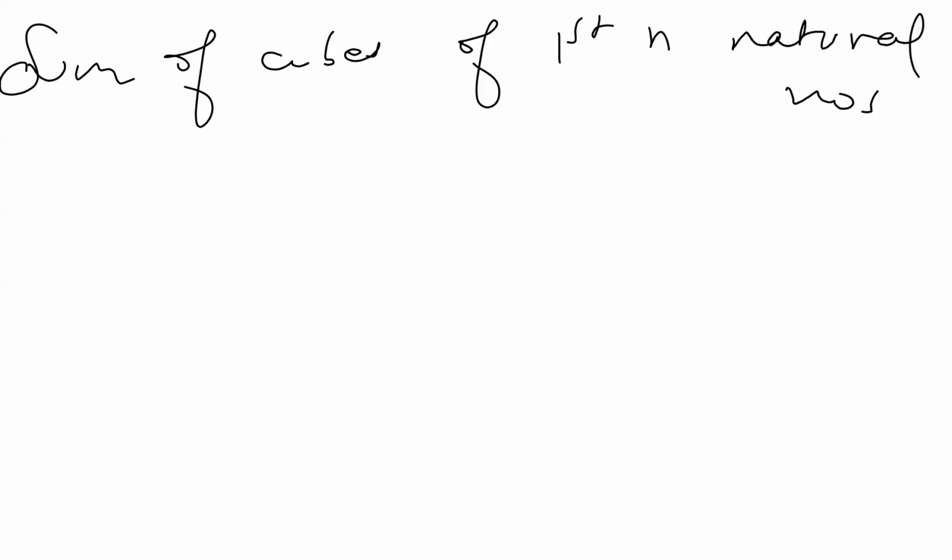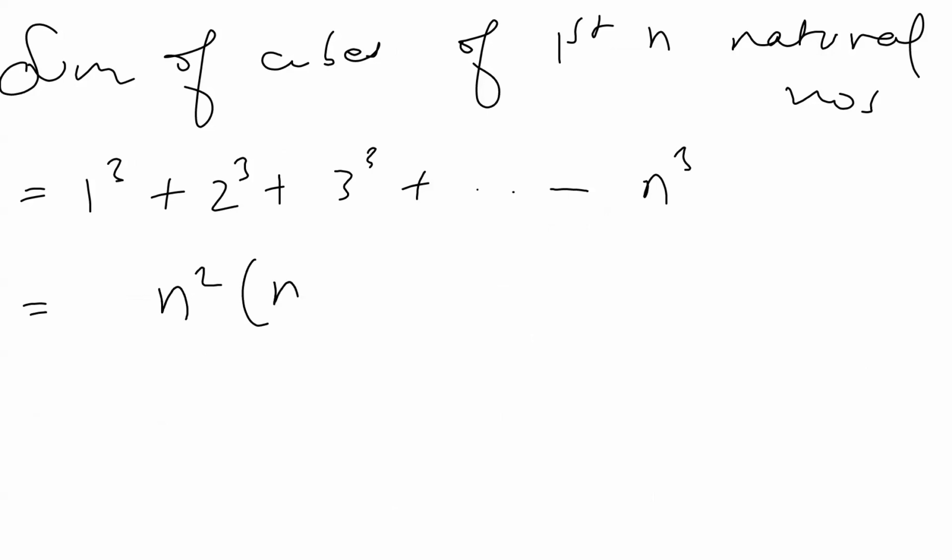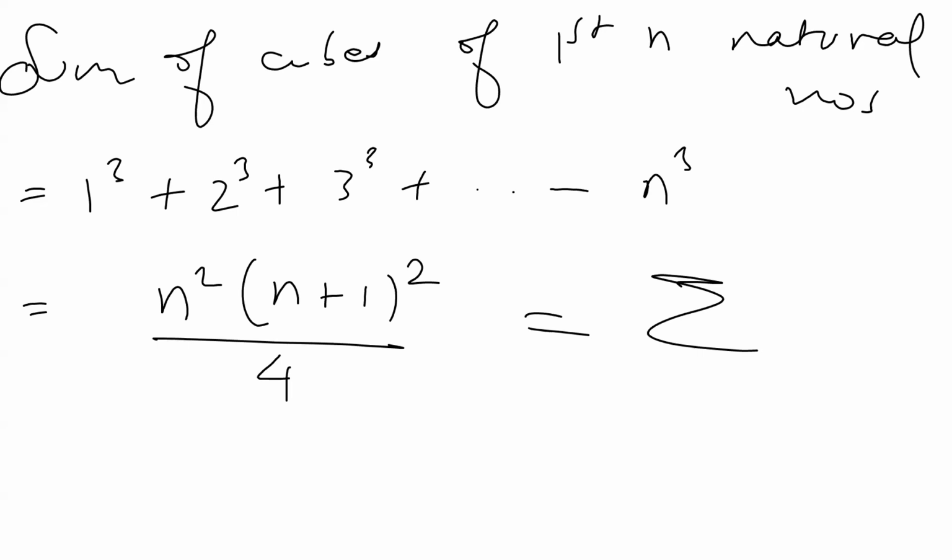Sum of cubes of first n natural numbers. 1 cube, 2 cube, 3 cube, up to n cube is equal to n square, n plus 1 the whole square by 4. And it is also written as summation of n cube.